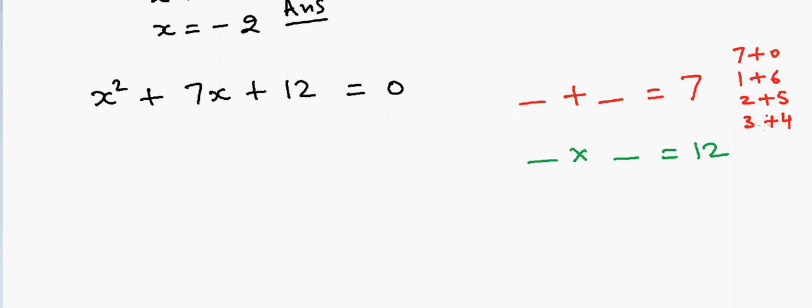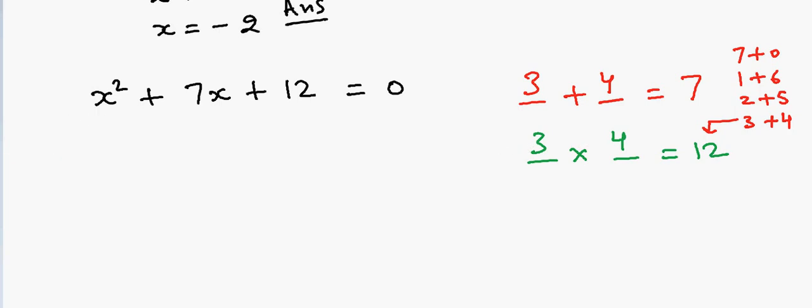Now if you look at this, only 3 plus 4, since 3 into 4 is 12, so I can say the answer is 3 and 4. If I take these numbers, then I can add them up to be 7 and I can multiply them to be 12.